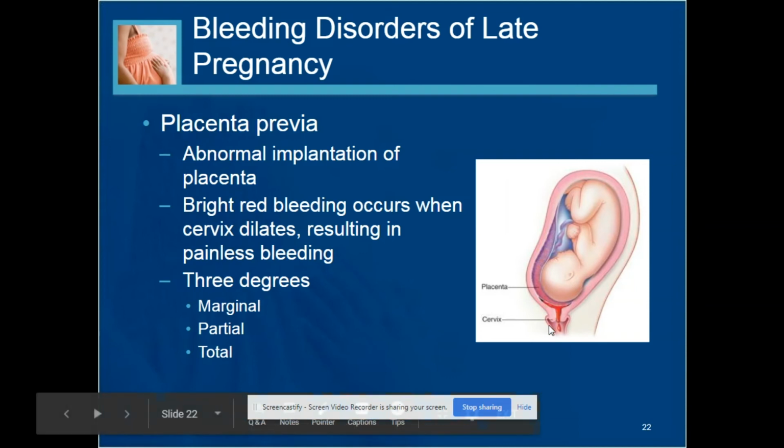The placenta cannot be delivered first because the baby needs blood circulation and nutrients while they're going through the labor process. There can be 3 degrees of the placenta previa, so it can be marginal, it can be partial, so partially covering the cervical os, or totally covering the cervix.